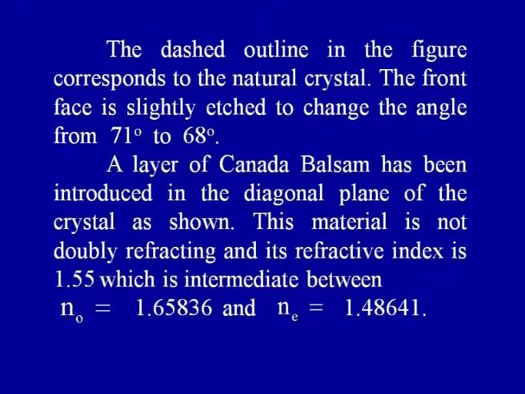This material is not doubly refracting and its refractive index is 1.55, which is intermediate between the refractive index for the ordinary, which is 1.65836, and the refractive index for the extraordinary, which is 1.48641.